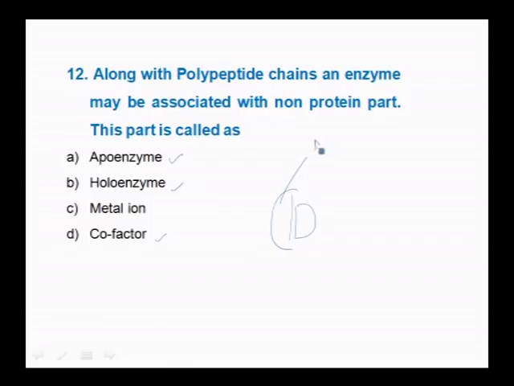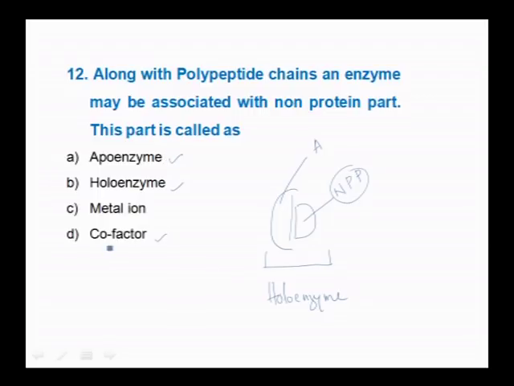Apoenzyme is actually the protein part of enzyme and cofactor is the non-protein part of the enzyme. So association of both, that is apoenzyme and cofactor, will make up something called holoenzyme, indicating that it is the entire enzyme. So entire enzyme has got protein part apoenzyme and non-protein part, that is cofactor.